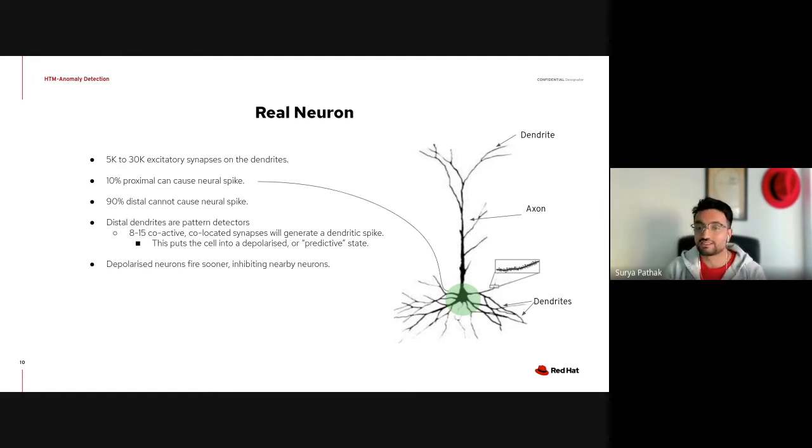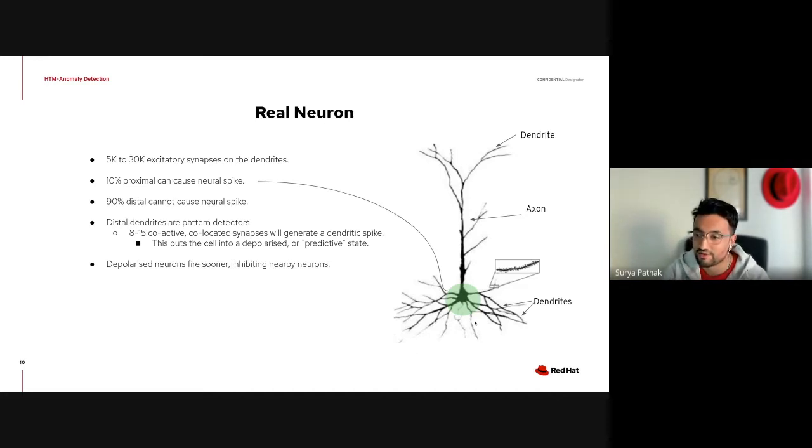Out of these synapses, only 10%, those in the proximity of the cell, can cause a neural spike. For many years, people didn't know what the other 90%, the distal synapses, do.